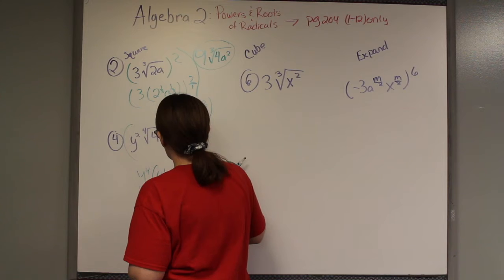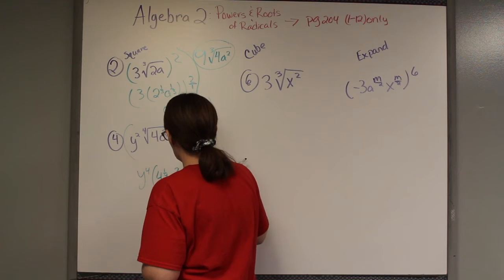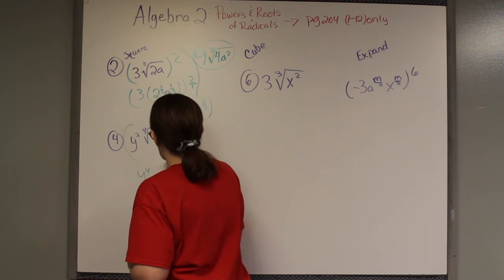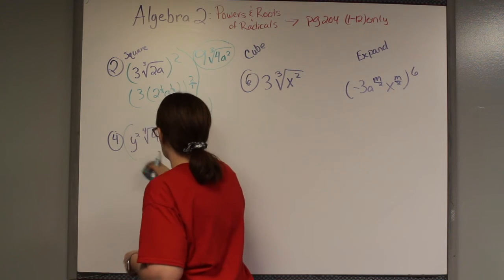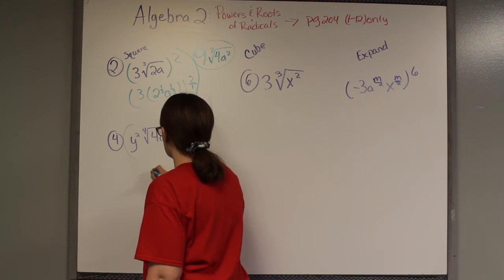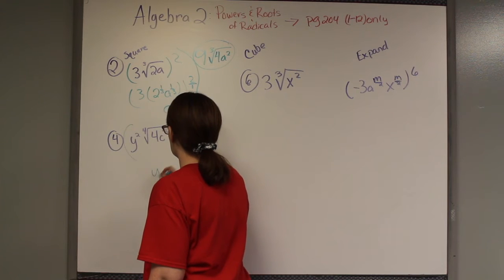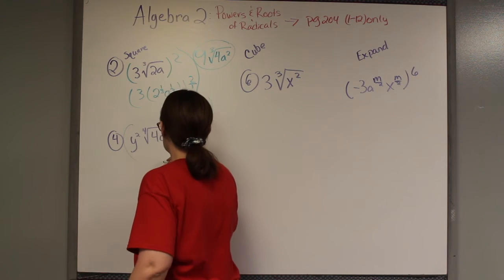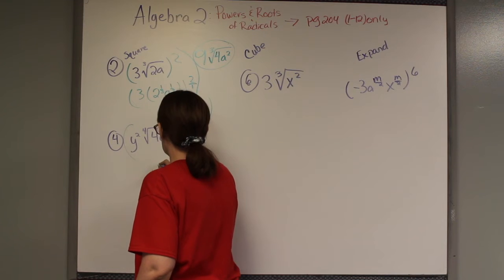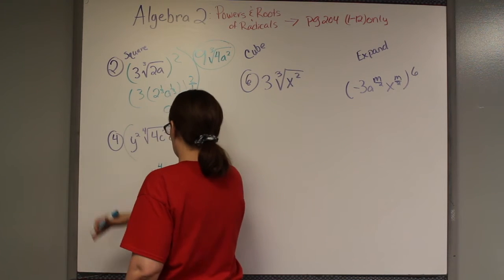So I went ahead and made this look like this. This would still be the y/4 if we squared that and we leave that alone.